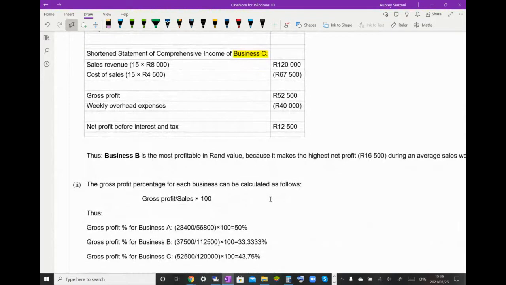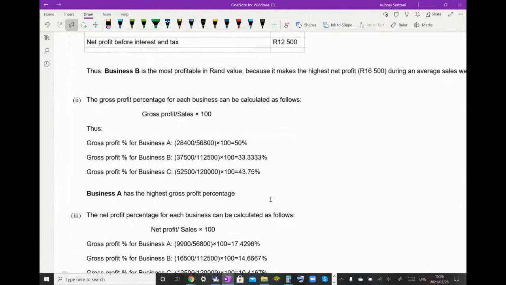Does that make sense? So you might have higher expenses or a higher cost of sales.